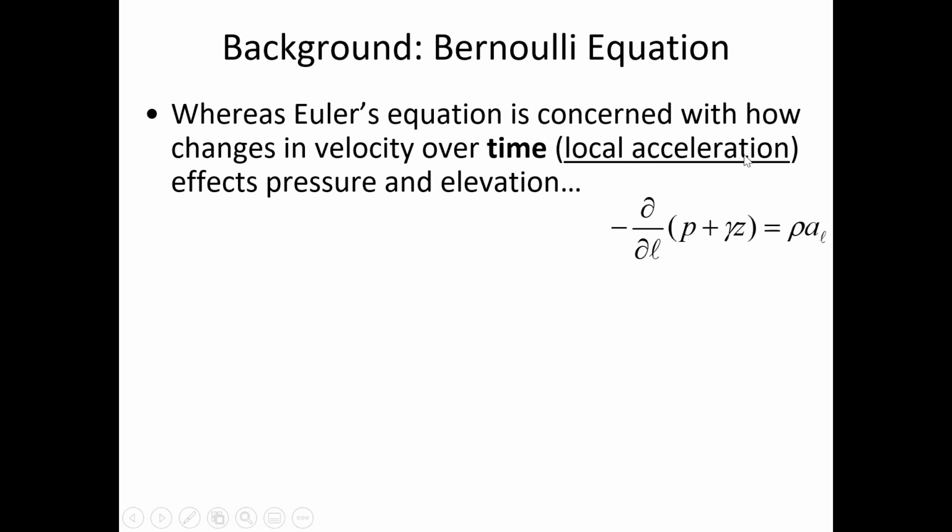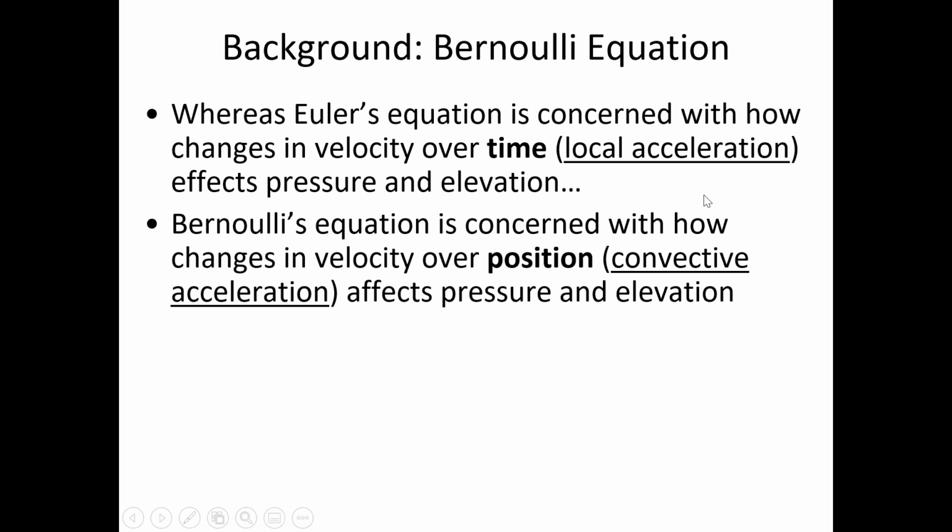And so this local acceleration, changes of velocity with respect to time, is unsteady flow. Bernoulli's equation is related to non-uniform flow. So that's changes in velocity with respect to position caused by convective acceleration.